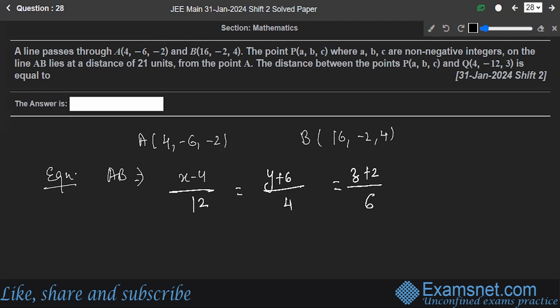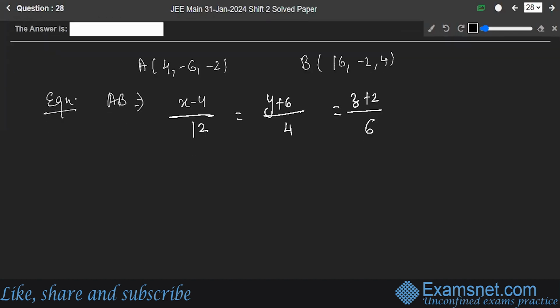So this is the equation of the line. Now you are also given that the distance of the point P from the point A is equal to 21 units. So this makes this equation as (x minus 4) upon 6 by 7, (y plus 6) upon 2 by 7 is equal to (z plus 2) upon 3 by 7. This is equal to 21.